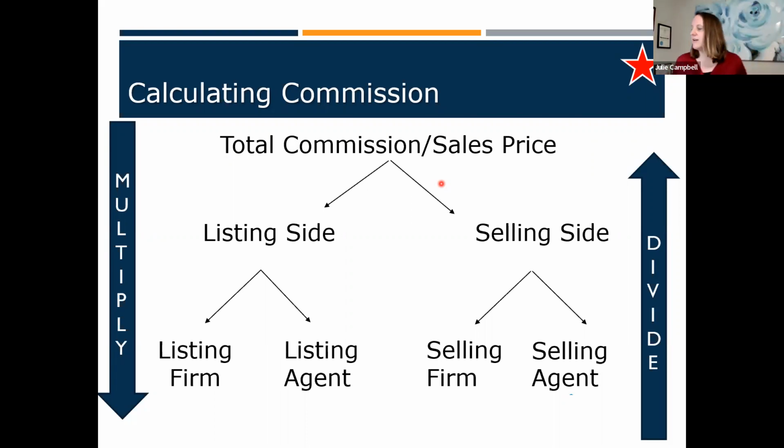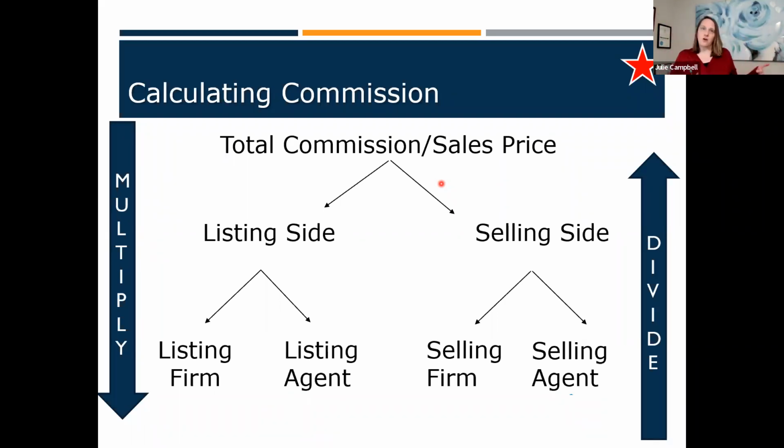So we have 189,000, and commission is a percentage of the sales price. Anybody remember what the word "of" means in a math problem? Multiply. So a percentage of the sales price. The sales price times the percent gives us total commission of $11,340.